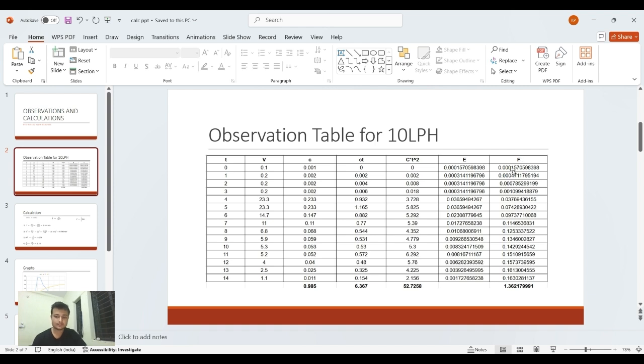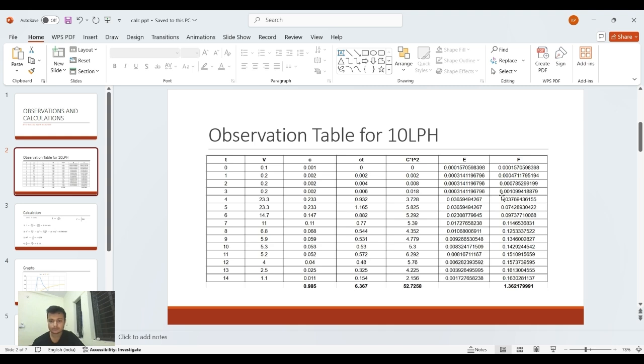And for F, it is very simple to calculate. Before this, F is cumulative exit age distribution. It represents the fraction of fluid particles that have exited a system by a given residence time, or showing how long a particle has spent within the system is also this F. And to calculate F, for the first value of F, it is the same as E, and for the second value of F, we will add these two values of E. For the third value of F, we will add the past values of it, that is these three values.